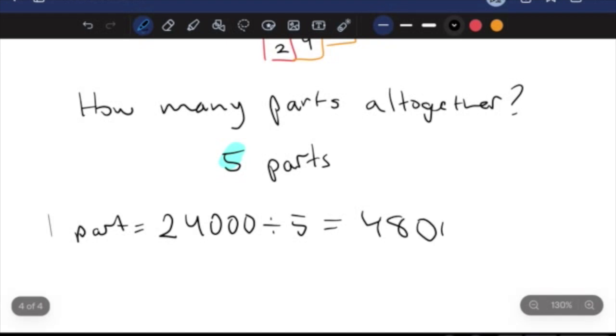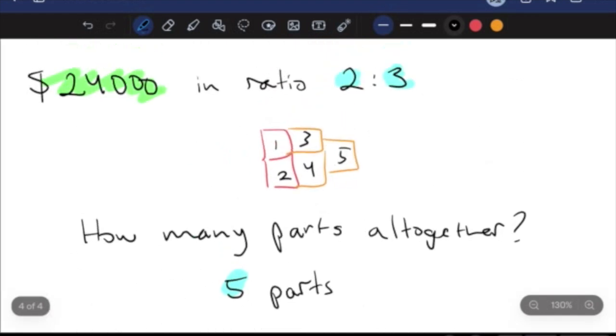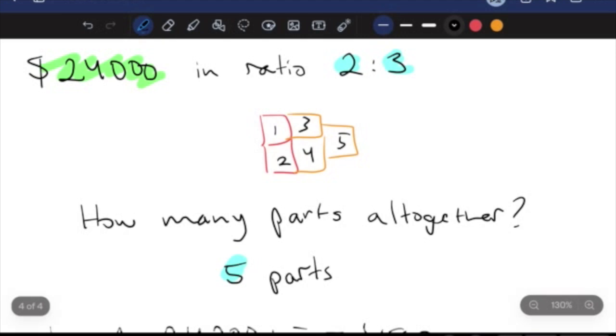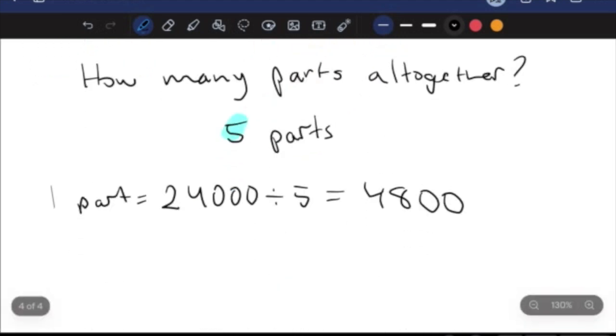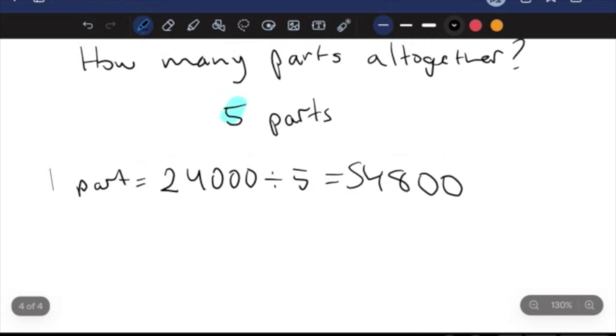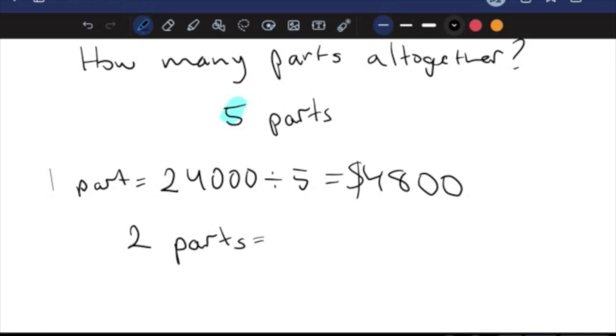So $4,800 makes up one of these parts. For the person that's getting the 2 parts, all I do is take this $4,800 and multiply it by 2. So 4,800 times 2 is going to give me 9,600.